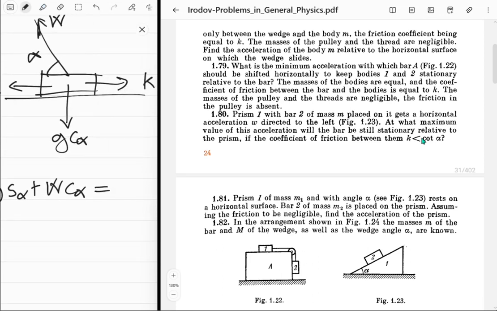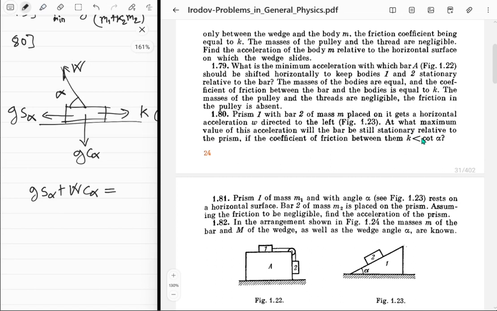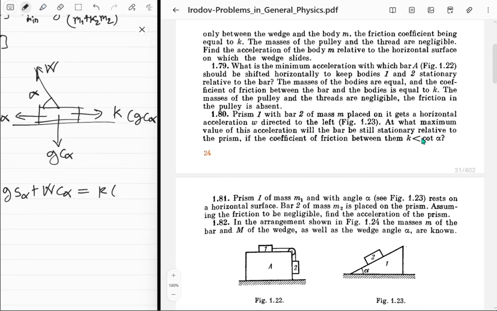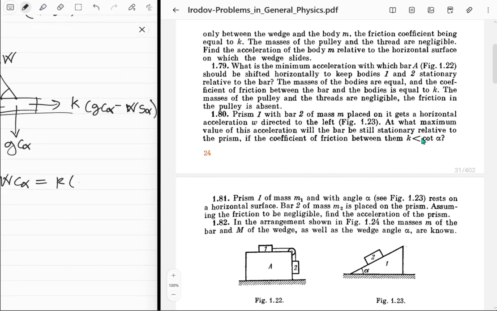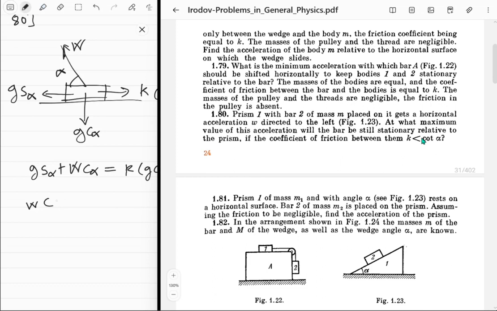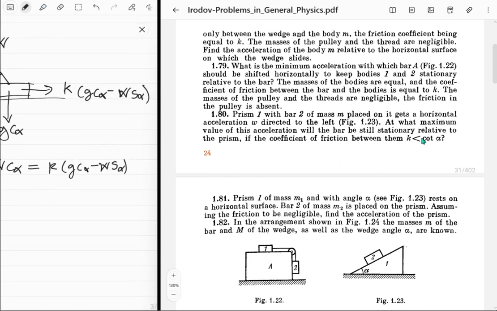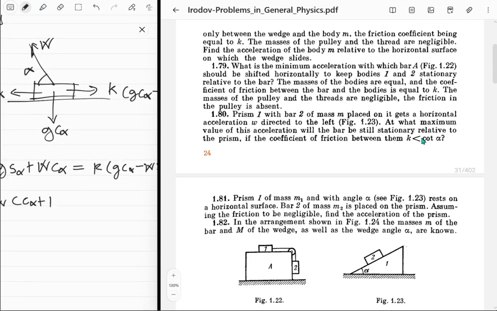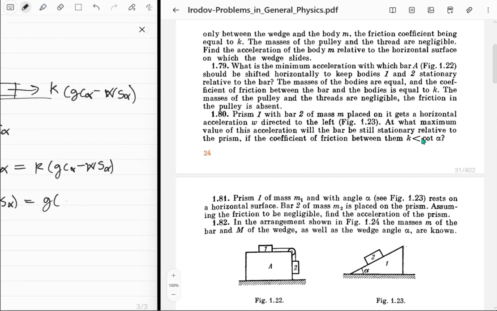What was I doing once again? Sorry. g sine alpha plus w cosine alpha is equal to this friction. So k times g cosine alpha minus w sine alpha. Now we need to find what w is. So w times cosine alpha plus k sine alpha is equal to g times k cosine alpha minus sine alpha.